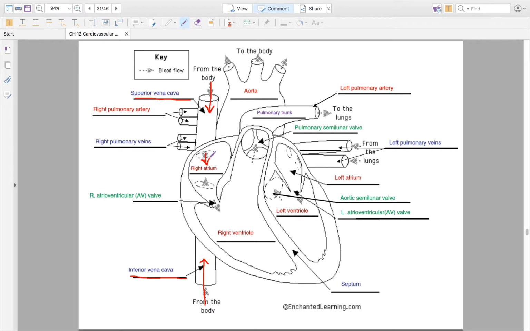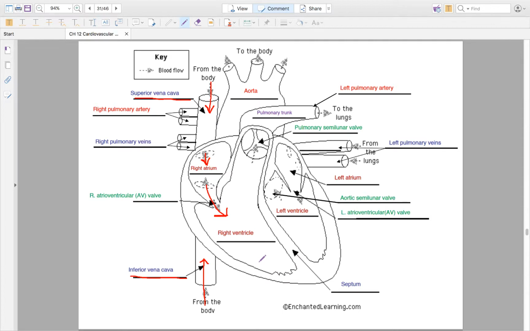Now remember that the heart is a muscle, and so it contracts, and the right atrium will contract and push open the atrioventricular valve, the right AV valve, also known as the tricuspid valve. When that contraction happens, it's going to push open the valve, and blood will move from the right atrium into the right ventricle. Remember, V for ventricle.